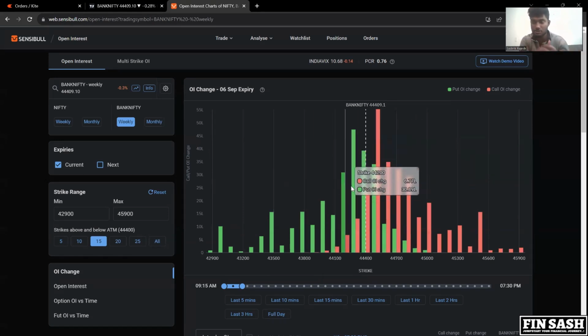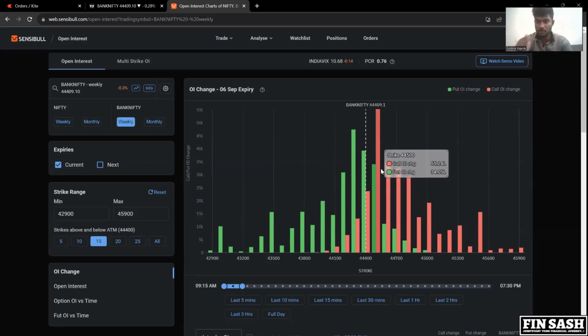If this is too technical for you, let me know, I can make a video on it. Basically, people were interested to short the market more than go long. The only strong long position was 44,300, but everything else from 44,500 to 44,600 had strong call open interest.